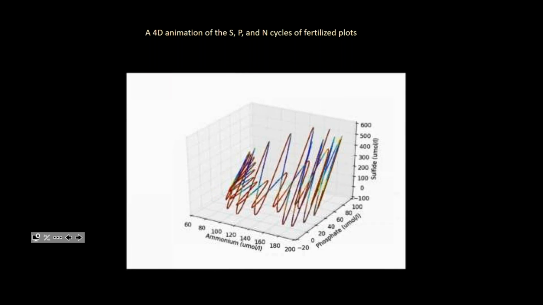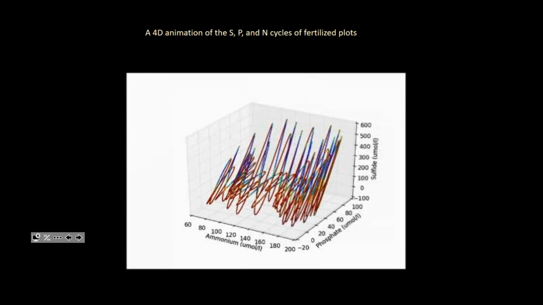There's an underlying determinism. The harmonics in here are deterministic, but I challenge anyone to predict this. It's chaotic. So fertilizing these plots resulted in chaos. And I'll rotate this one in a minute.